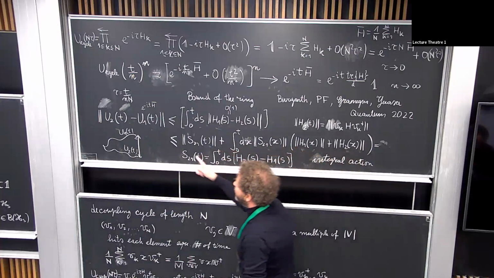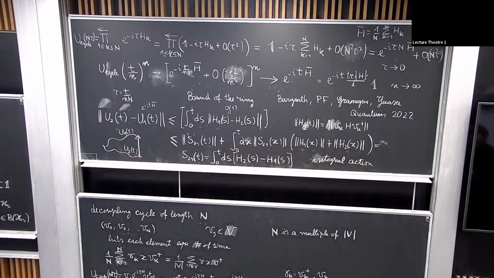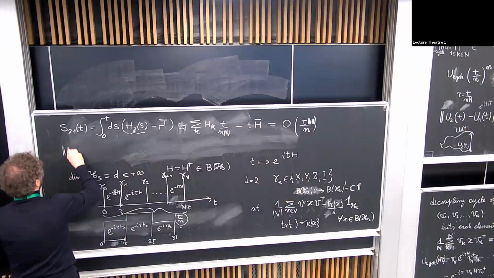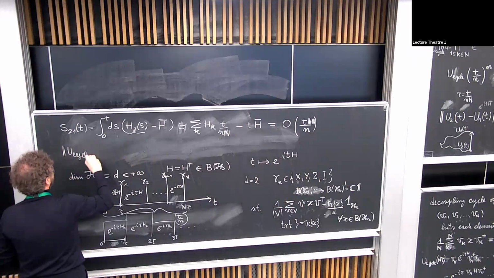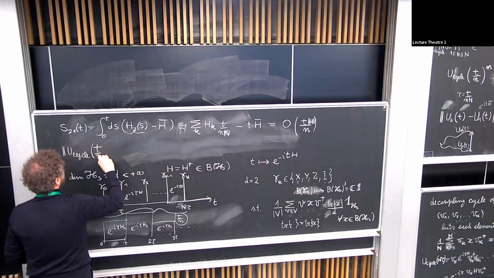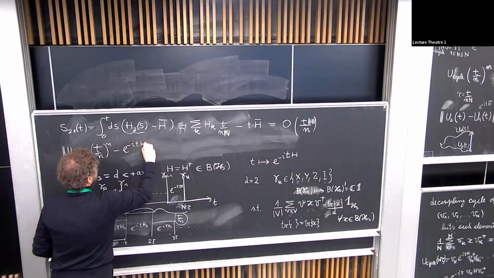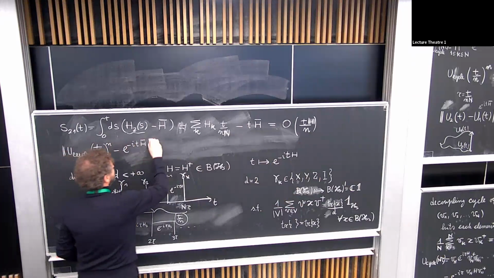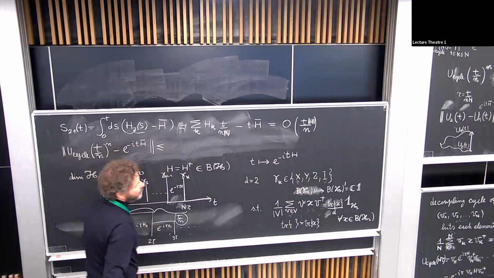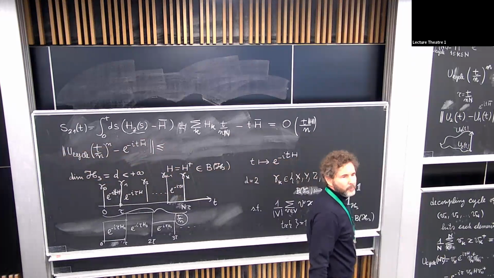And if you put things together, we have that the cycle, e to the i t over n to the power n, minus the average evolution, is less or equal than the norm of the action.